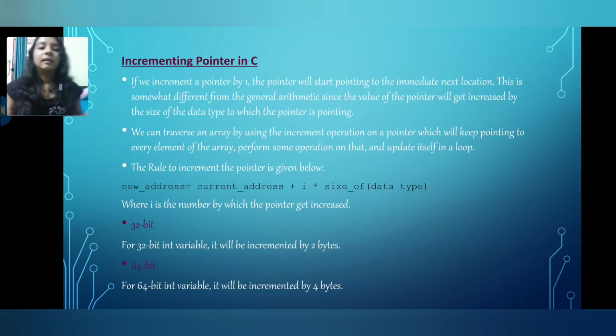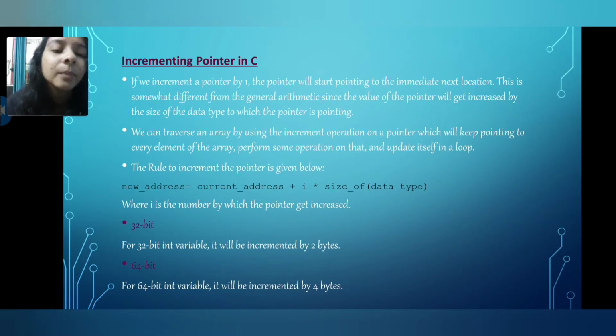We can traverse an array by using the increment operation on a pointer, which will keep pointing to every element of the array, perform some operation on that, and update itself in a loop. If you increment a pointer which is pointing to elements of an array 1 by 1, then subsequently it will point to the next immediate element in the array.